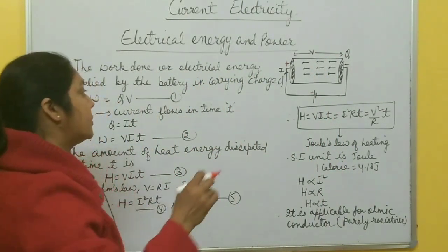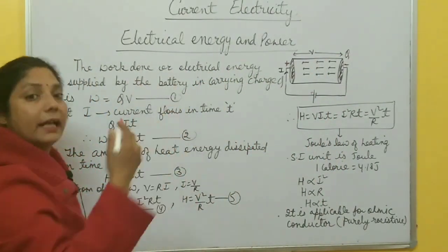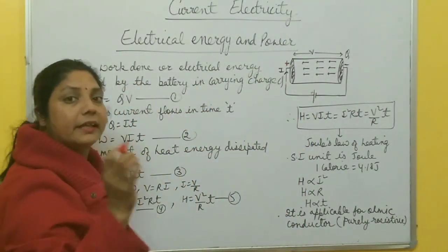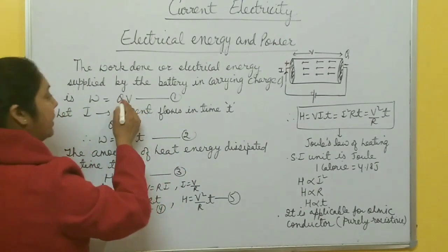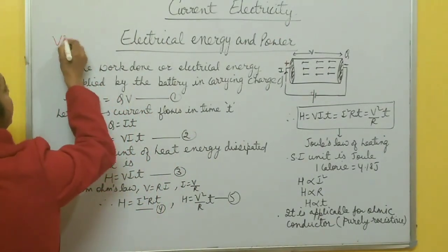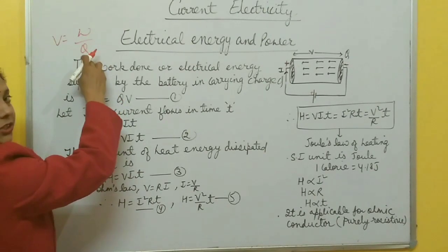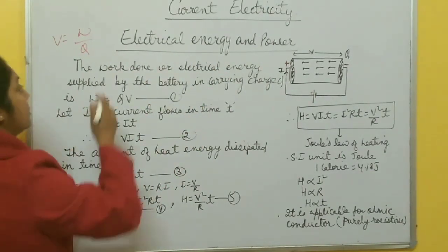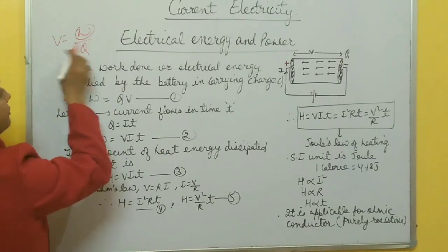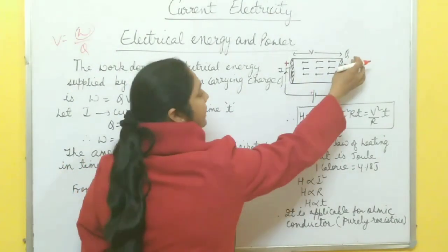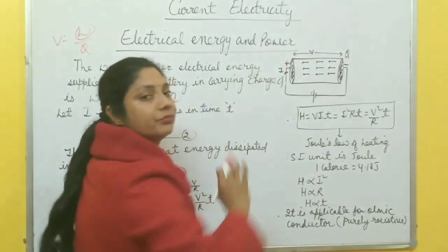The work done or electrical energy supplied by the battery in carrying a charge Q is given by, what is V? V is the work done per unit charge in carrying a charge from one end to another. So the total work done becomes V into Q. This is the work done by the battery in carrying a charge from one point to another.